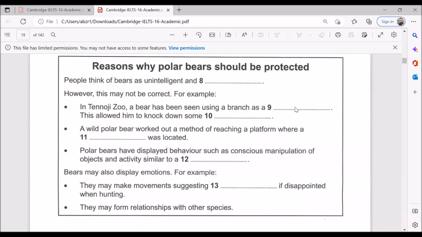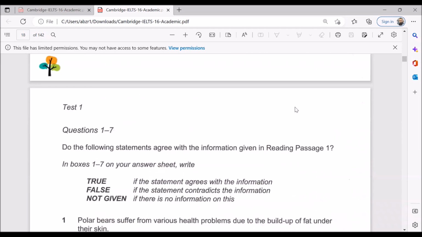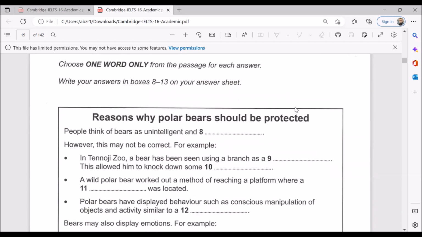Now, people think of bears as unintelligent, and now let's look for the similar word. The important keywords from this statement would be people think of bears as unintelligent and dash. Now we have to look for the word unintelligent. It could be dumb, it could be any other word giving the same meaning.